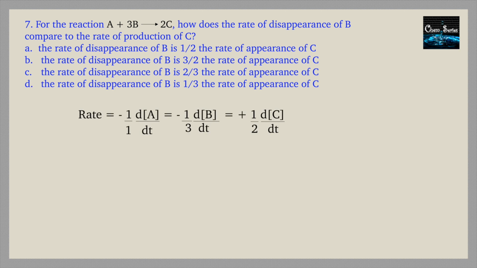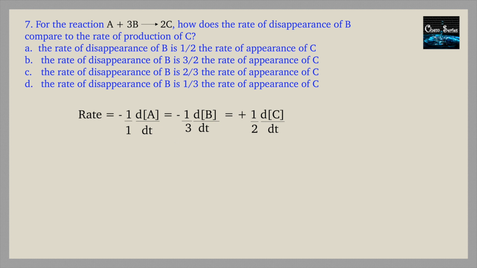The rate equation will be minus 1 by 1 d[A]/dt, equal to minus 1 by 3 d[B]/dt, equal to plus 1 by 2 d[C]/dt. Here, the stoichiometric coefficients are written in the denominator. For reactants it is written with a negative sign since concentration decreases as time increases, and for the product it is written with a positive sign since it increases as time increases.